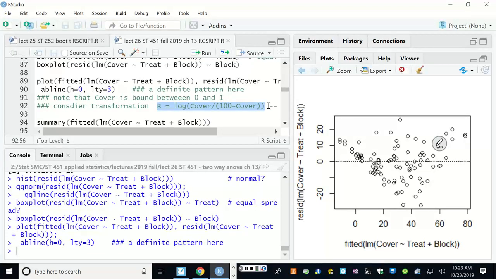So you don't get these boundary issues of being stuck up against the side. So that might be a good thing to do in the analysis. If that's so, you start from the beginning and compute this R value and look at it. I didn't go back and redo those things.